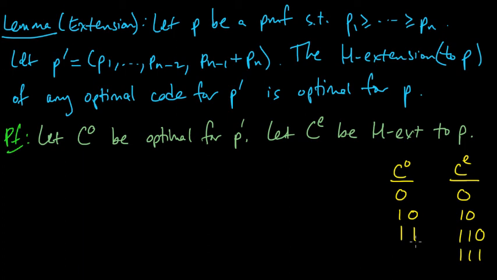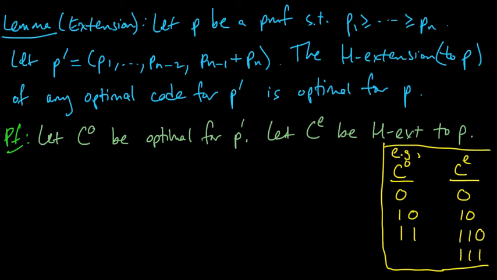So remember, in the extension, we take the last code word, and we just tack on a 0 to get one code word and a 1 to get another one. Okay, so that's well and good. So that's just an example, not the whole deal. And we'd like to show that this guy is optimal.